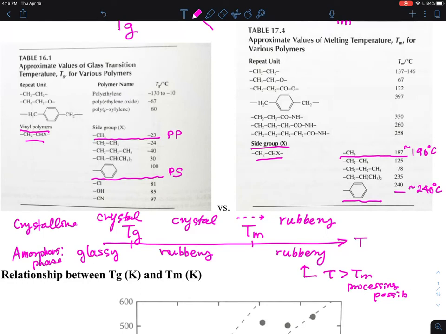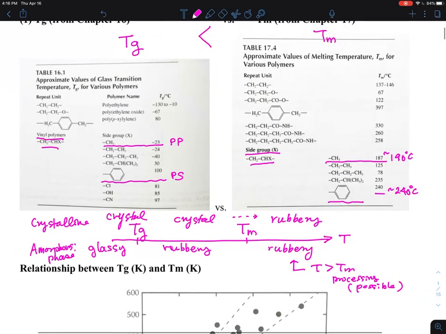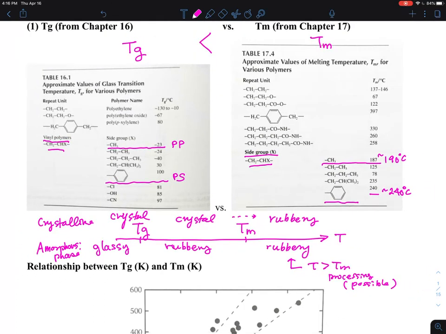So the melting temperature is a much more important criterion for defining the processability of semicrystalline polymers. Some polystyrene is, I think, coming from syndiotactic polystyrene. Atactic polystyrene does not have a melting temperature. So the melting temperature is combined with the tacticity of the side group as well as the chemical structure.